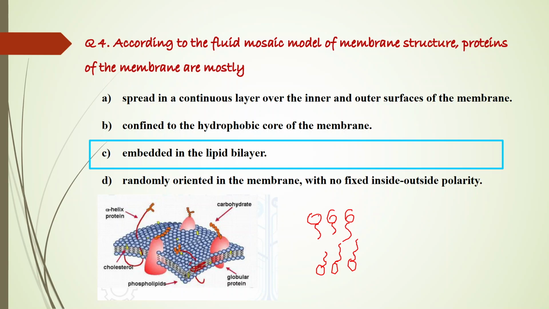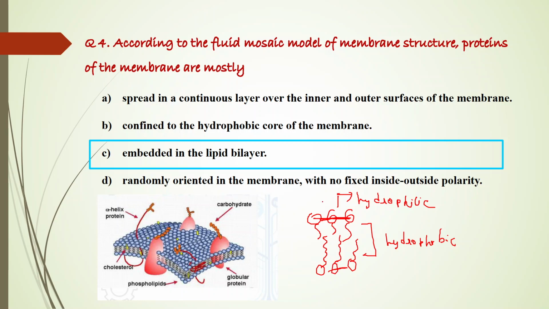So this is your membrane structure, where this is your hydrophilic head groups and this portion is your hydrophobic tail groups, right? So this portion is hydrophobic, and this round portion is hydrophilic. In the first option, they are saying that the proteins are spread on the surface.